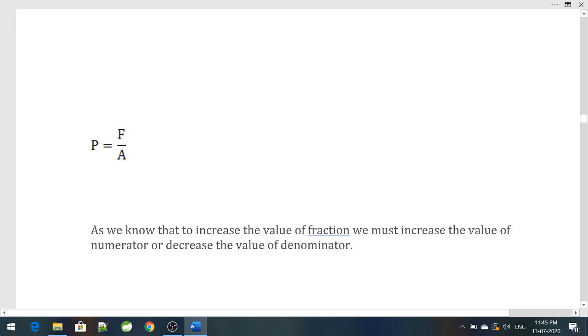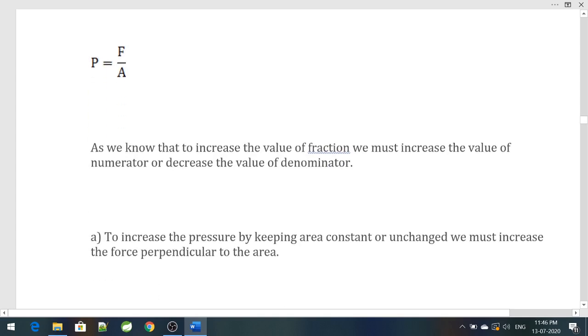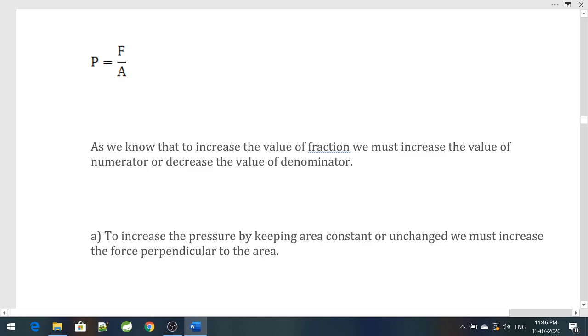Pressure is directly proportional to force, and inversely proportional to area. To increase the value of pressure, we must increase the numerator or decrease the denominator. Since it is inversely proportional to area, we have to decrease the area, and to increase the pressure we should increase the force.